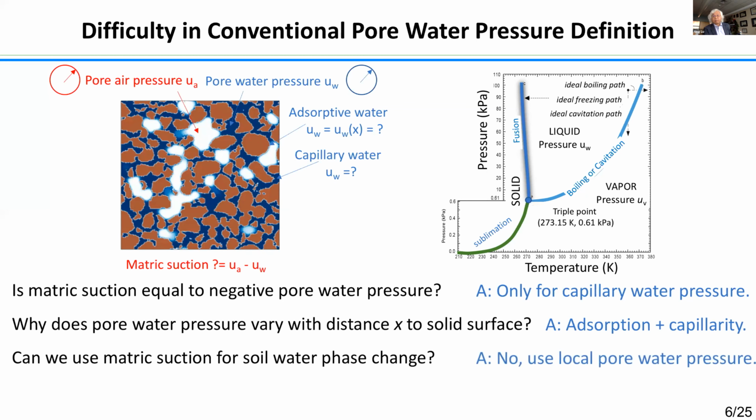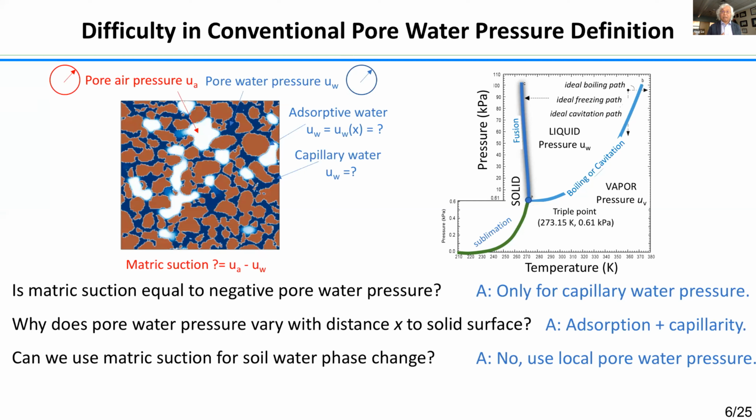The answer is no. So what are we going to use? We have to use the local pore pressure. This is another new thing, actually it has been almost a century. Back in the 1920s, people realized that the soil's absorption ability can change the pressure tremendously. Most people study geoenvironmental, geotechnical.